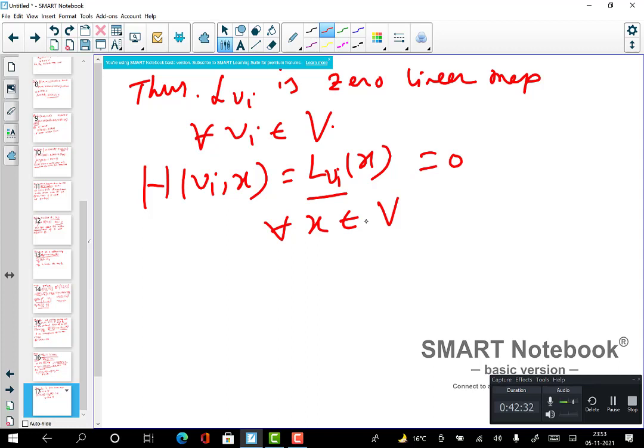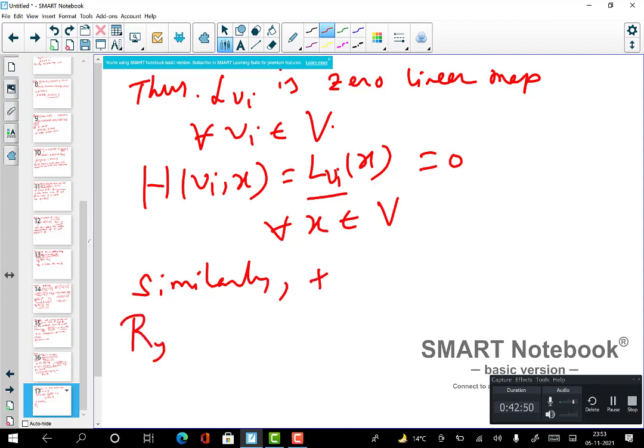Now for the other half part, we use the right operators. Similarly, you can define this right operator R_Y.